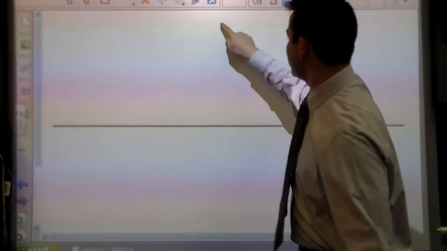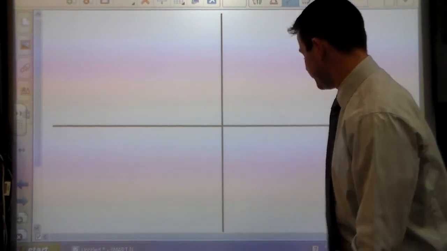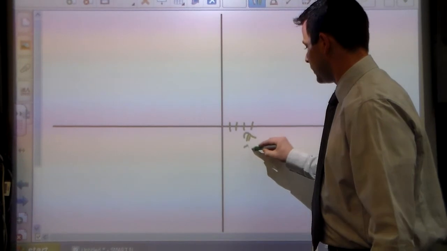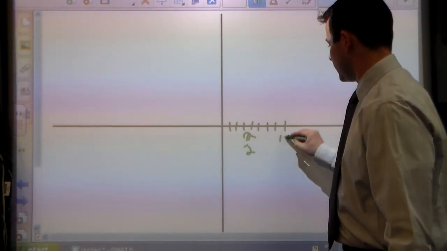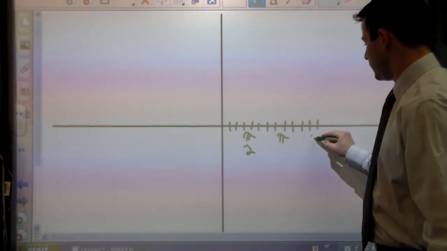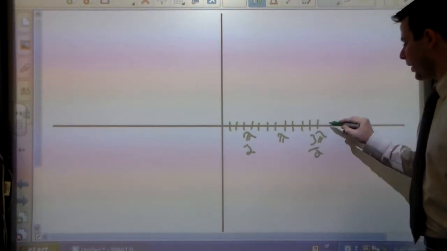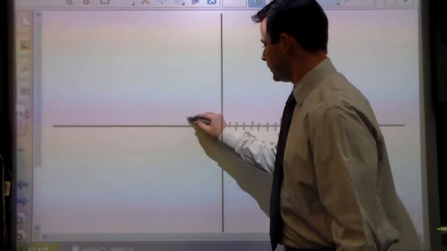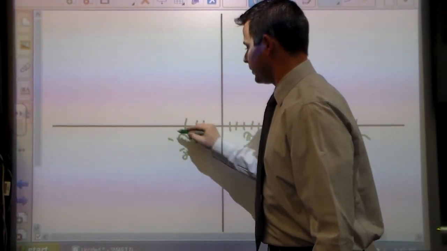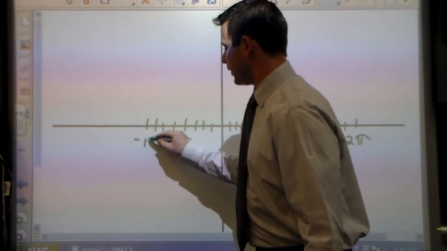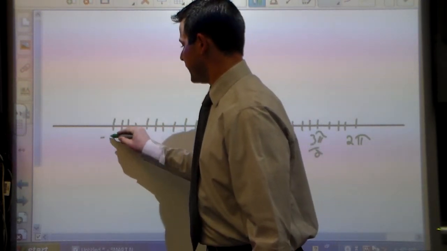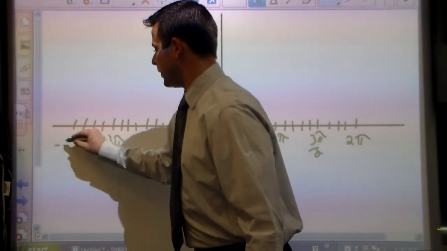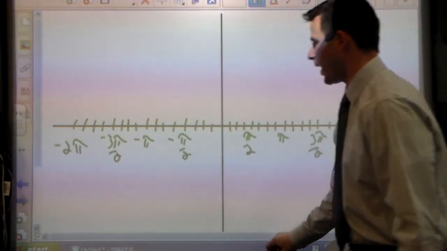Which means our y-axis will be right in the middle. 1, 2, 3, 4, pi over 2, pi, 3 pi over 2, 2 pi, negative pi over 2, negative pi, negative 3 pi over 2, negative 2 pi.